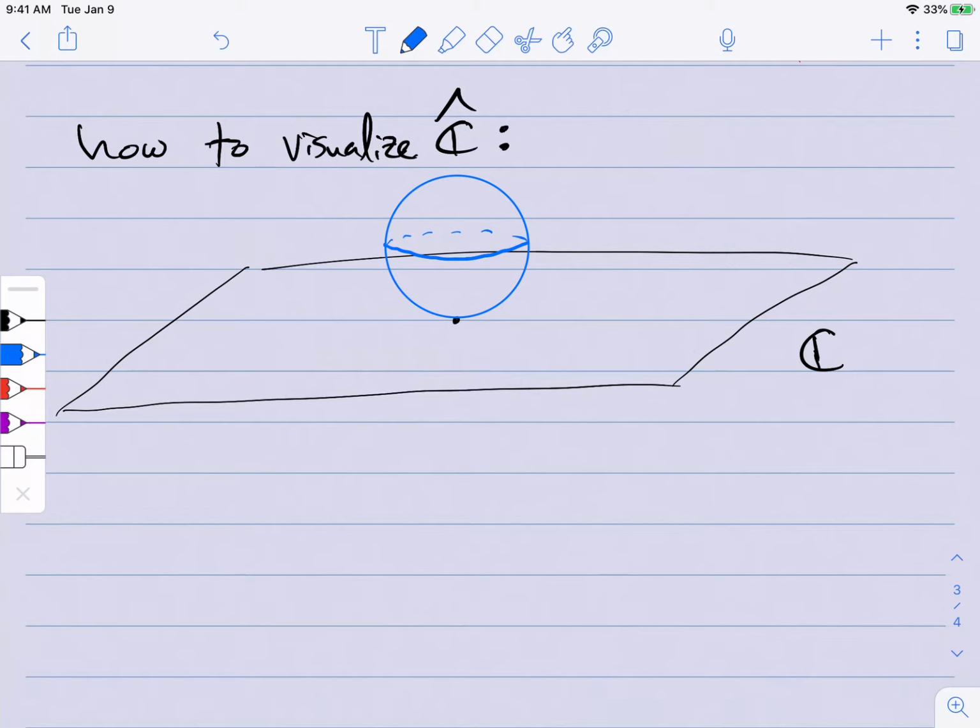I'm going to set it right on top of the origin. So I've got the sphere, which I'll call S. And I want to identify points on S with points in the complex plane. And the way I do that is what's called stereographic projection.